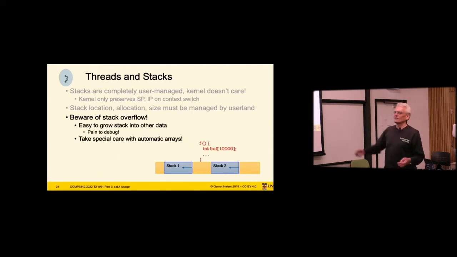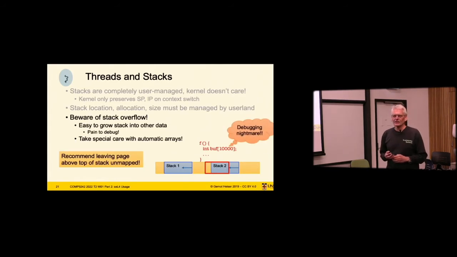So this is a typical way to shoot yourself in the foot. You have a big automatic array, in this case 10 kilobytes, which is largely bigger than your stack. And so if that gets allocated on the stack it will overflow and overwrite any data that happens to live in this address space above the top of stack. And if you do that, you get very strange results and scratch your head for quite a while. And if that happens, look whether you overrun your end of stack.